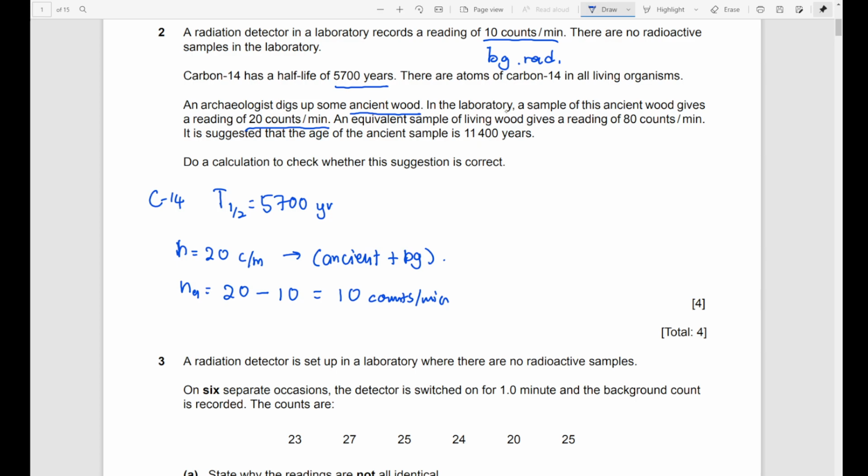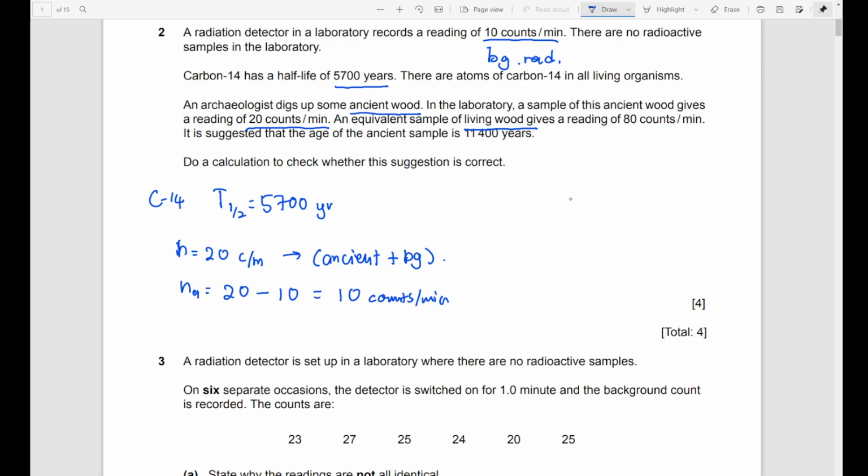An equivalent sample of living wood. In this question it states that for the same wood, but it is a living wood. Previously we have ancient wood, the one that had been dead.